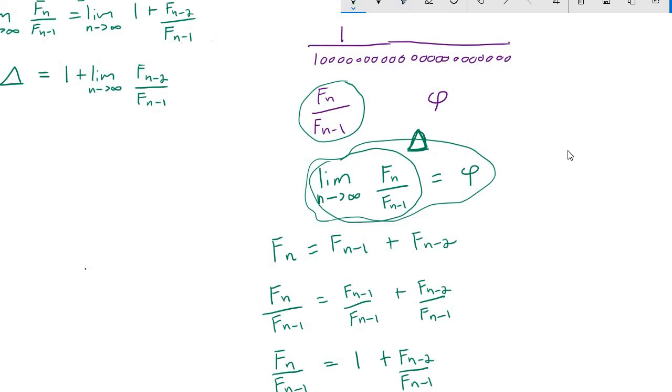And notice, though, the idea of a limit doesn't really matter where you start in the sequence, right? Because it's something about what eventually happens.